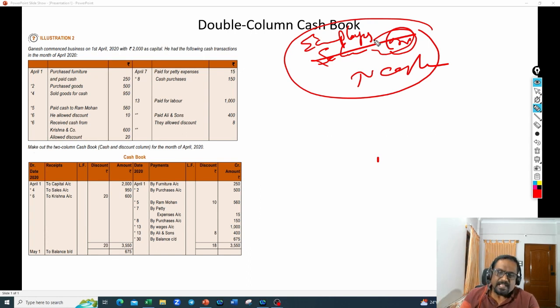Are you getting my point? I just got deviated in this topic from the cash book. The reason why I got deviated here is I want you to start thinking along those lines. Start questioning yourself. Why the hell am I debiting discount, or why the hell am I creating discount? What happens if I don't debit? What happens if I don't credit?